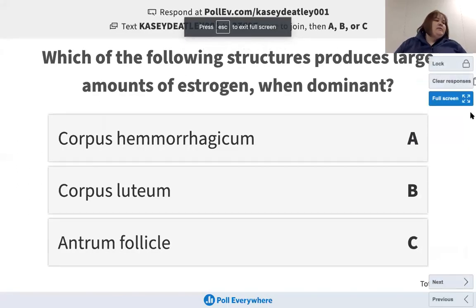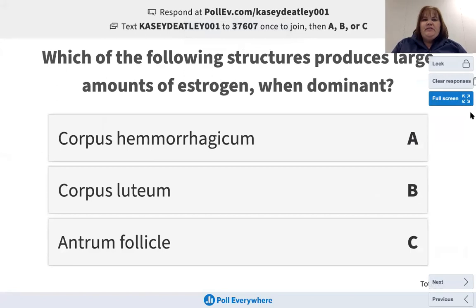All right. Which of the following structures produces large amounts of estrogen when dominant? We'll take a minute here as well.